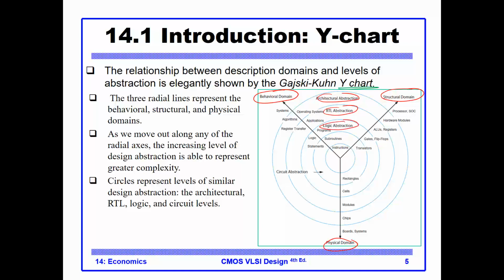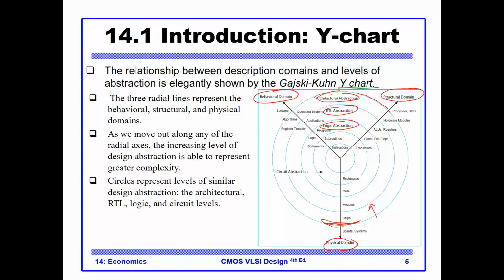So on the outside, when we start the project, we describe the behavioral view at the architectural level, and we try to think of what we need in terms of interconnected components and interconnection, the processor, etc., and then what type of physical components, boards, and systems.